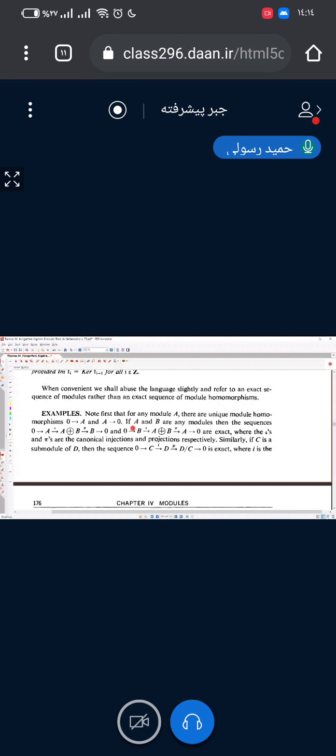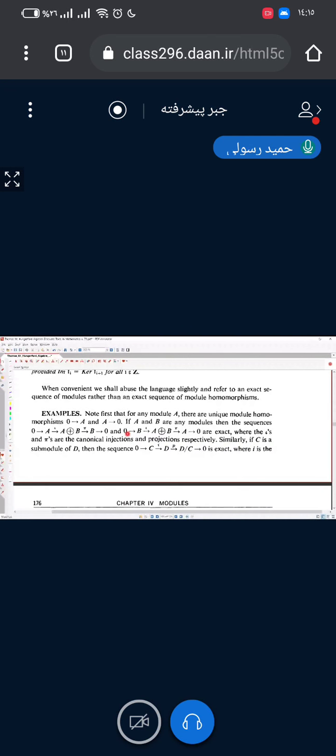If A and B are any modules, then the sequences 0 to A to A direct sum B to B to 0, where the first map is the canonical injection L and the second is the canonical epimorphism P, and also 0 to B to A direct sum B to A to 0, are exact.